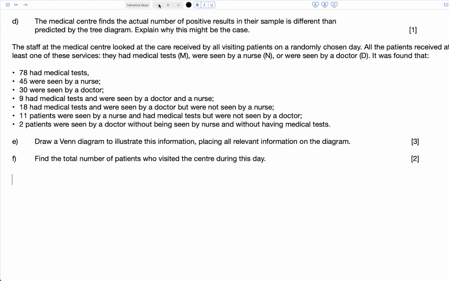Particularly when you use convenience sampling, what they did was they just sampled the people that came in to their medical center on one particular day. So I'm going to actually write that.